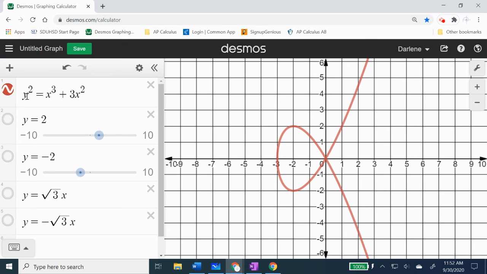One of them would be when y is dealing with the positive square root, and one when y is dealing with the negative square root. And with the positive square root, I am getting a positive root 3 slope.